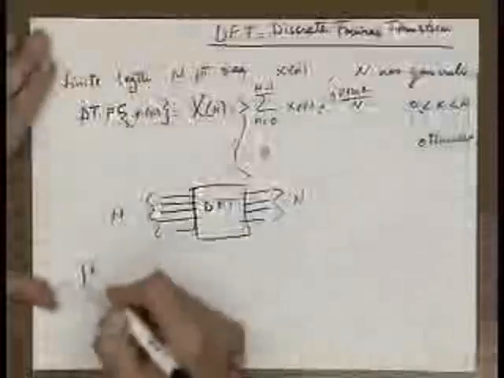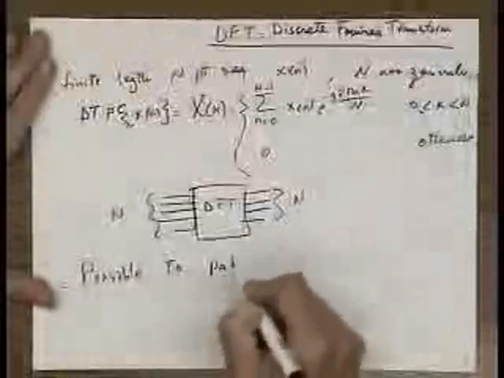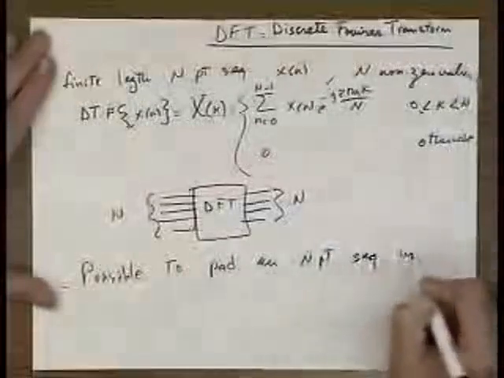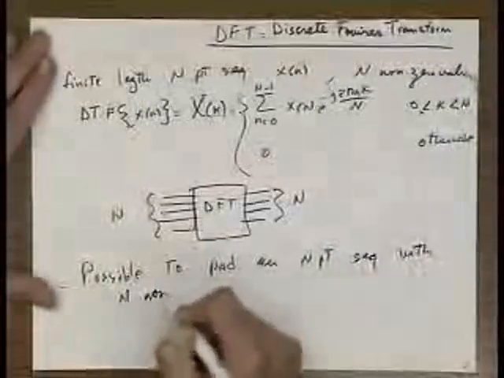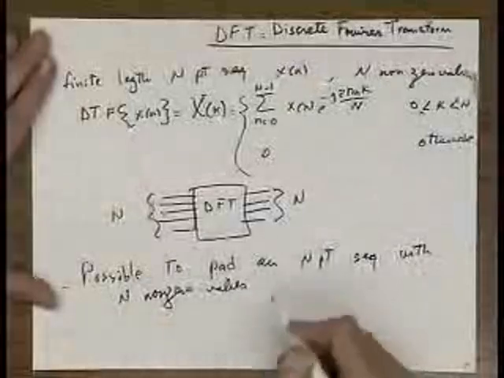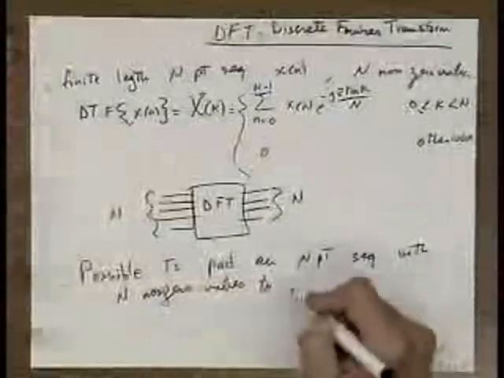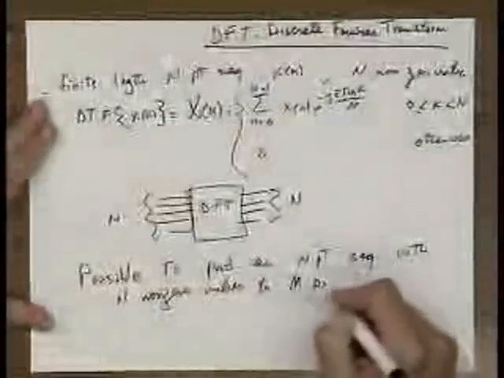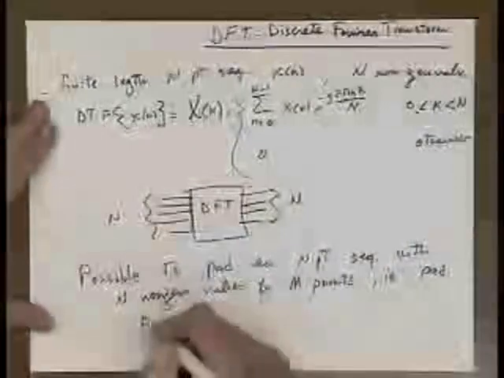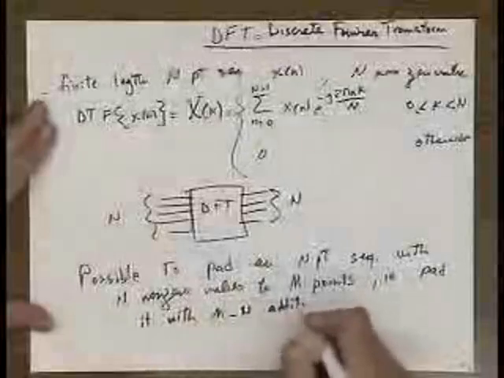So it's possible to pad an N-point sequence with N non-zero values to something like, I don't know, M points, i.e. padded with M minus N additional zeros.